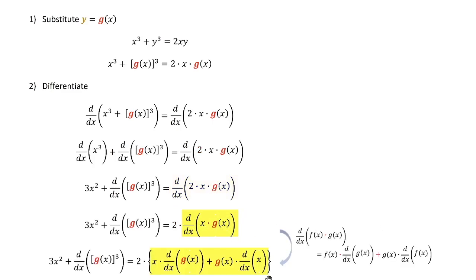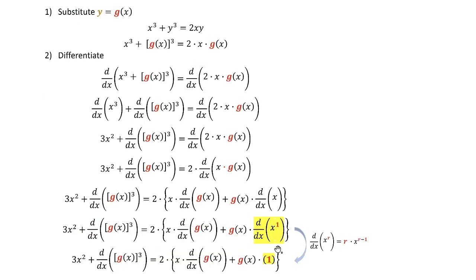So the 2 is out in front, and then I'll use the product rule here, and I get this. Of course, the derivative of x to the first power is 1, that's pretty straightforward. I don't need to make a mountain out of this. I get it, the derivative of x is 1, but I want you to understand there are rules to every step we take. It's not magic, it's not mysticism, it's a rule.